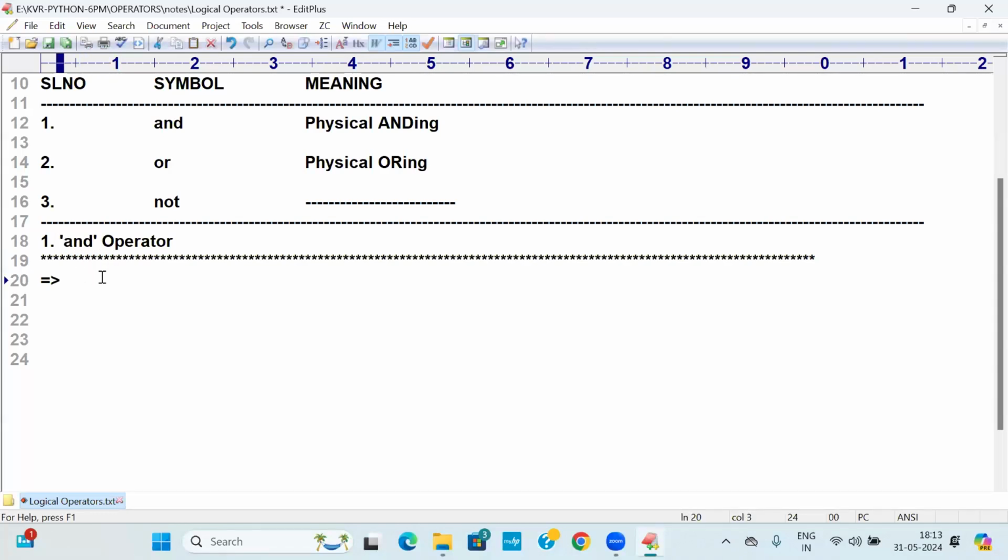First I'll write the syntax: relational expression 1 and relational expression 2.